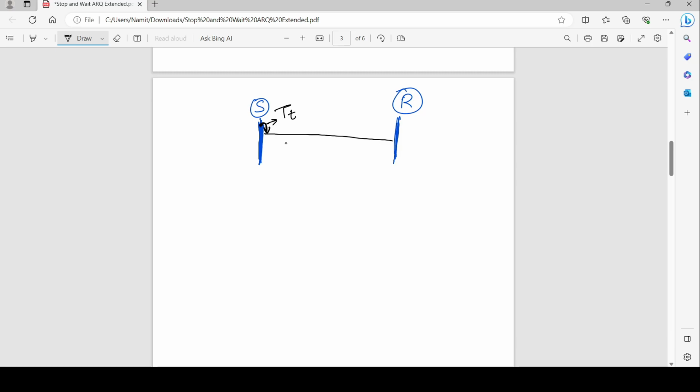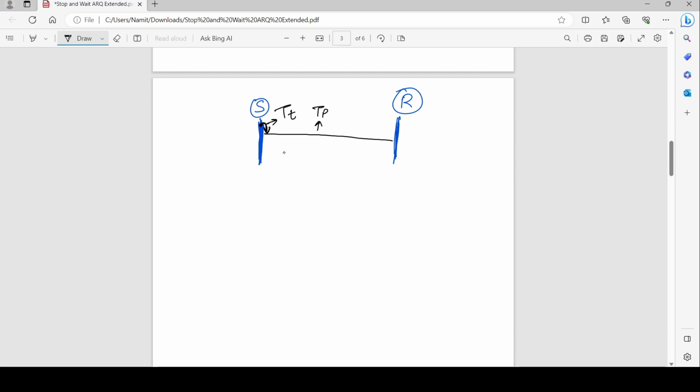Got it? Then propagation time or propagation delay. It is the time taken by a data frame to travel from sender to receiver. So this thing is known as propagation delay.